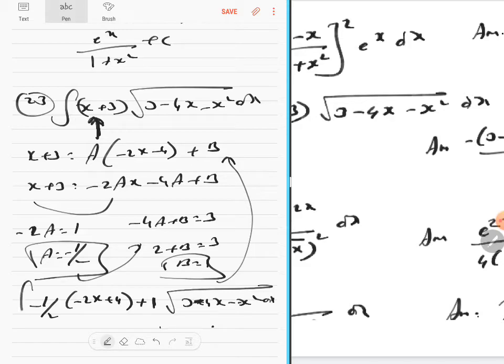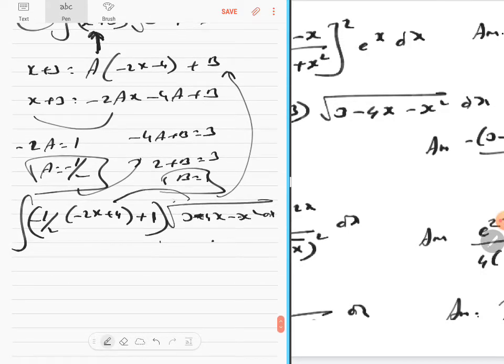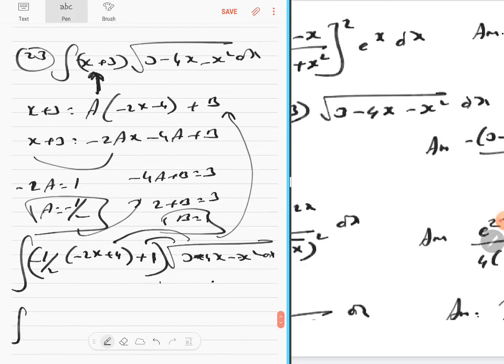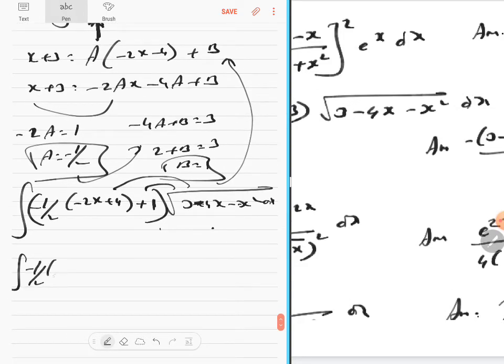So it becomes an integration of this whole thing in brackets, because in the place of x plus 3 we are writing this. Can you see I can bring it in like this? So it's minus 1 by 2 into minus 2x plus 4 into root of 3 minus 4x minus x square into dx, plus a root of 3 minus 4x minus x square into dx.